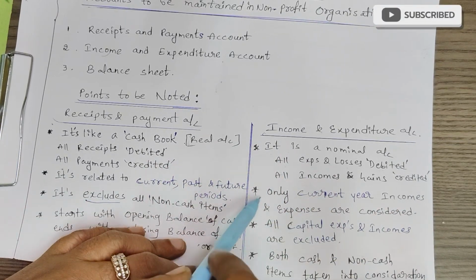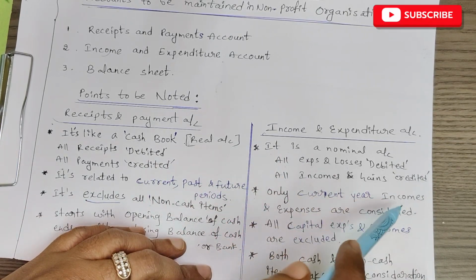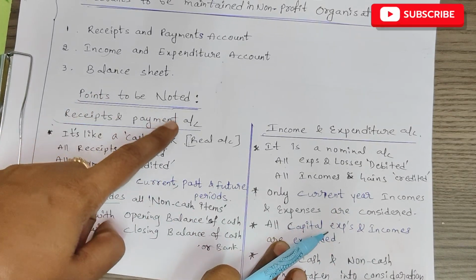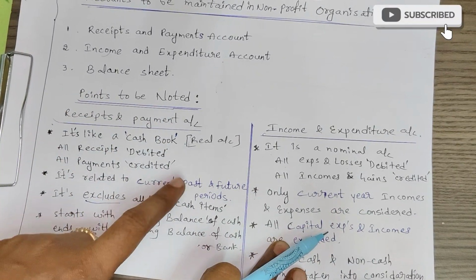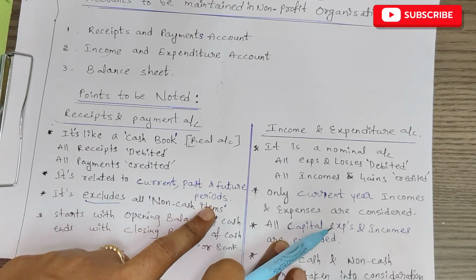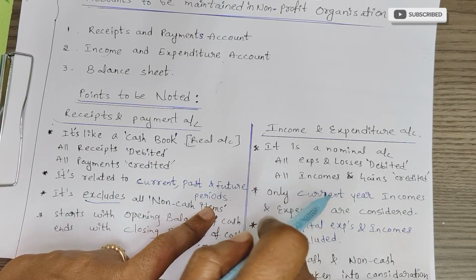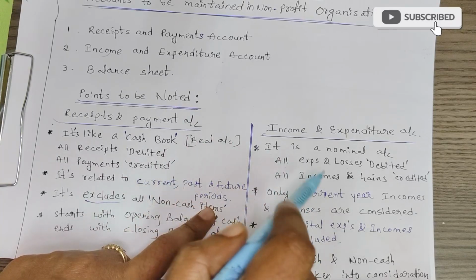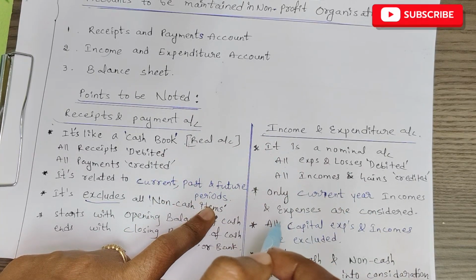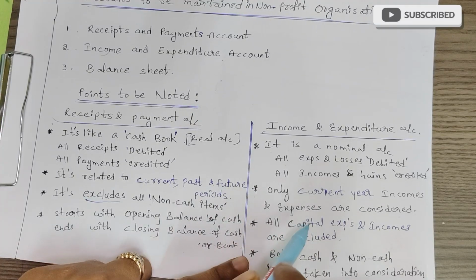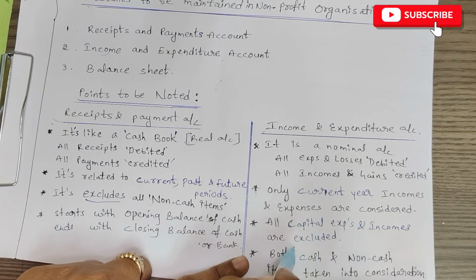Okay. And second point, only current year incomes and expenses are considered. See here, in the receipts and payments account, we take current year, past year, future periods also. But in the income and expenditure account, we are taking only current year values. We are not considering previous year as well as future year. Okay, so remember this point. And next, all capital expenses and incomes are excluded.